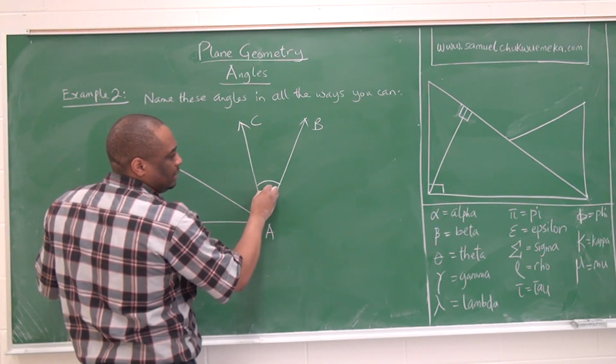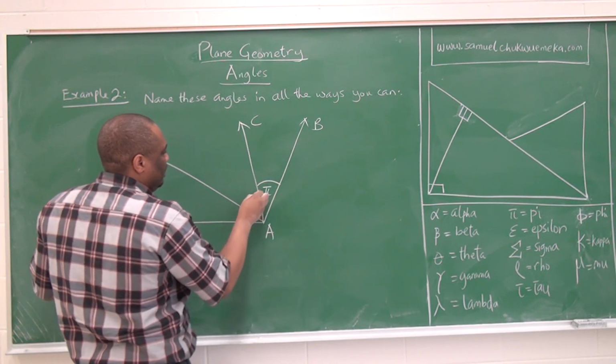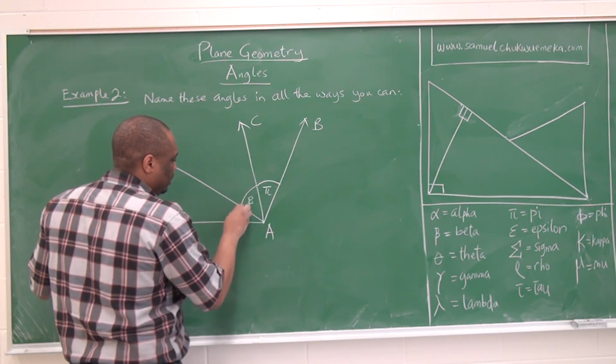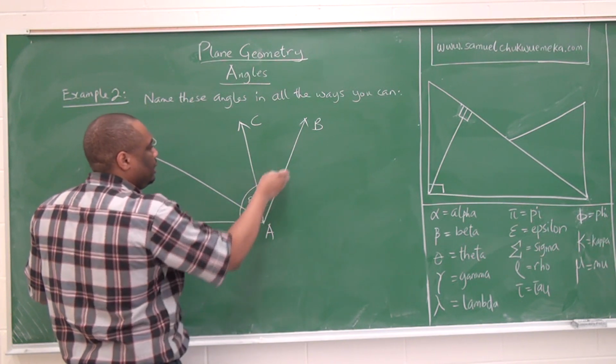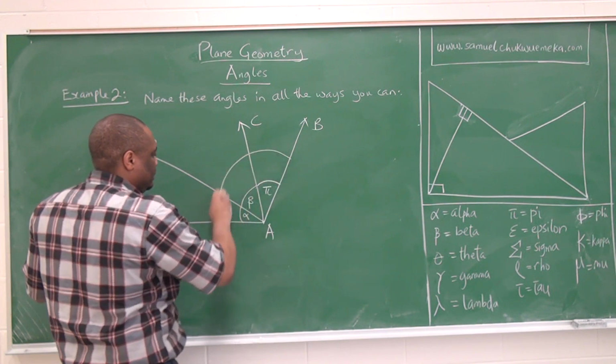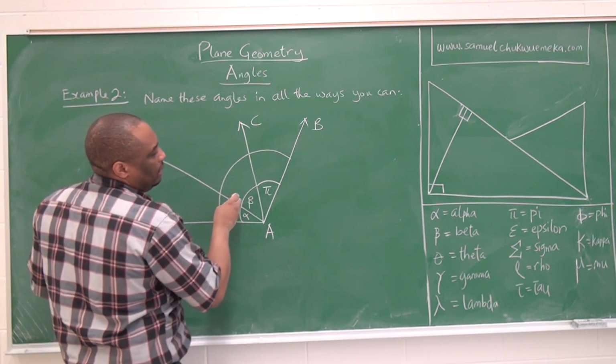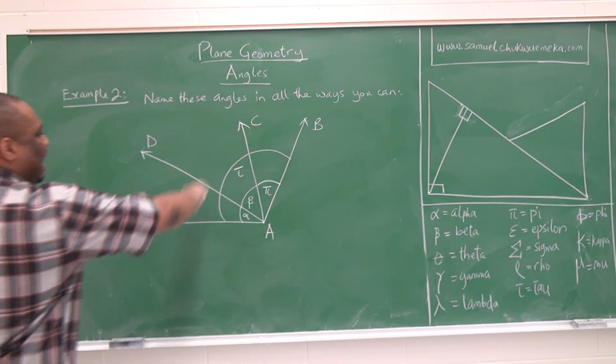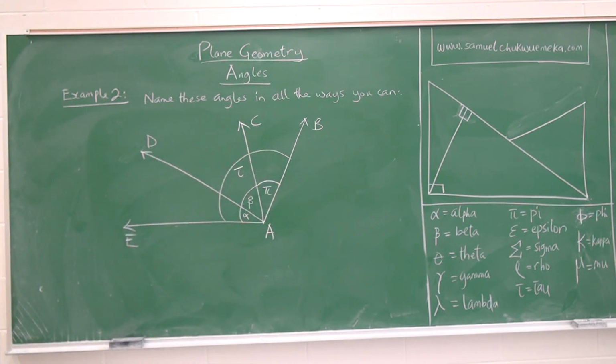Let me call this pi, let me call this beta, let me call this alpha, and let me call this tau. Tau is everything.